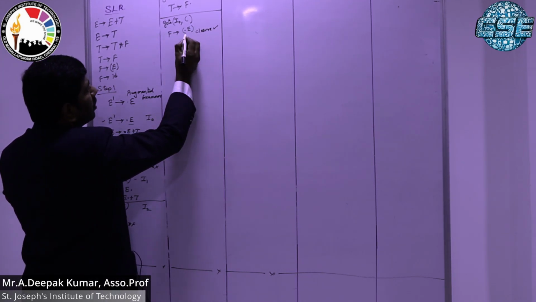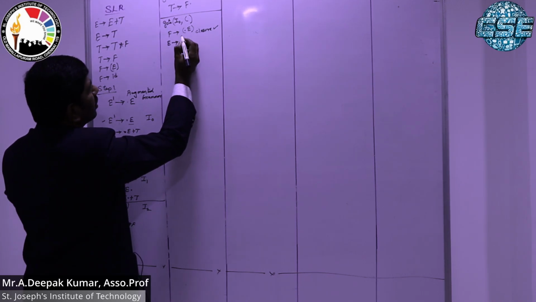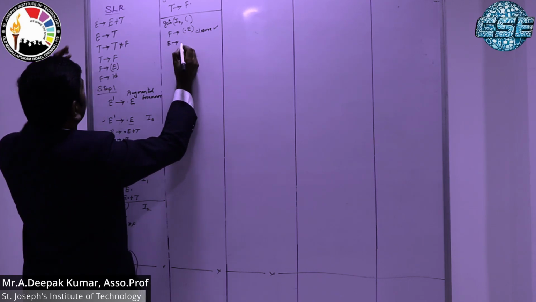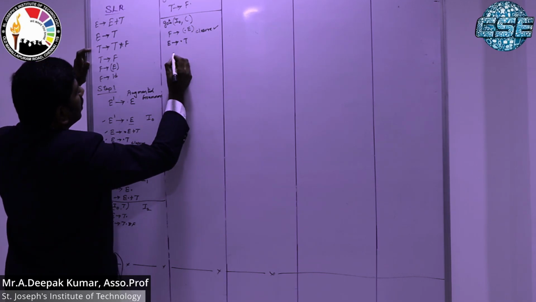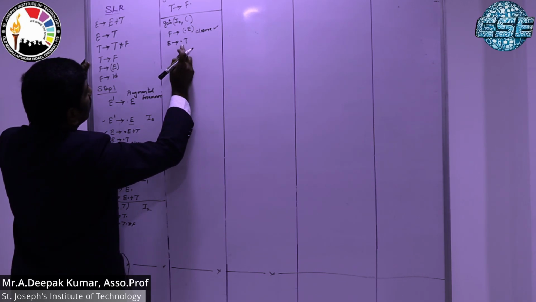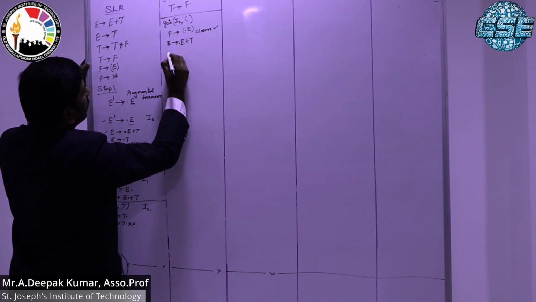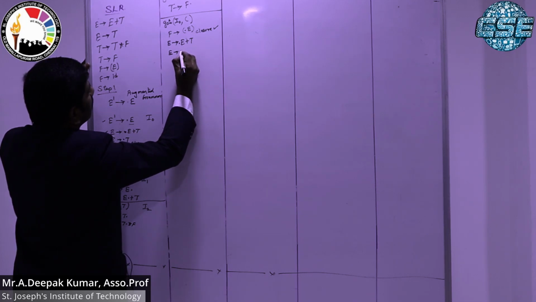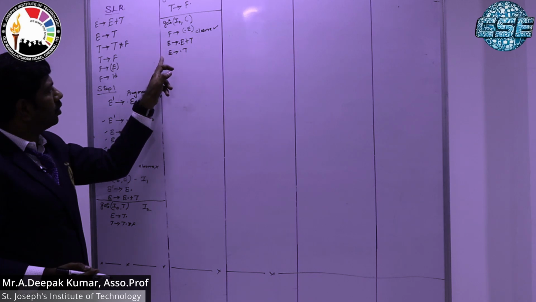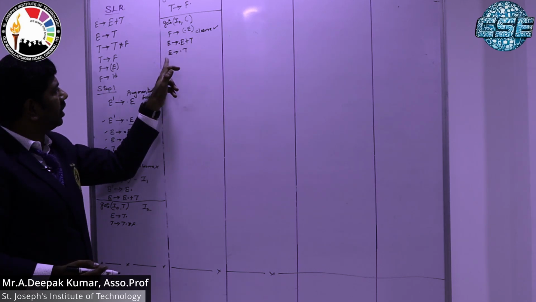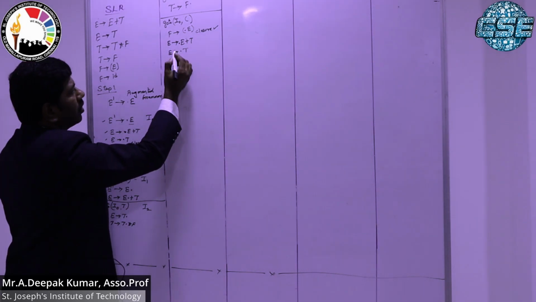So what is the rule of closure? Whatever the non-terminal is, the productions of that non-terminal have to be included in the iteration. So E derives, I will take it from here, E derives dot E plus T, then E derives dot T. Now for this closure, I have included two rules, that is E derives dot E plus T and E derives dot T. Now you check the newly introduced rules.